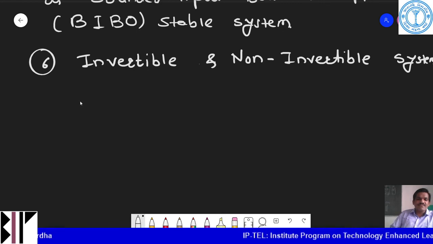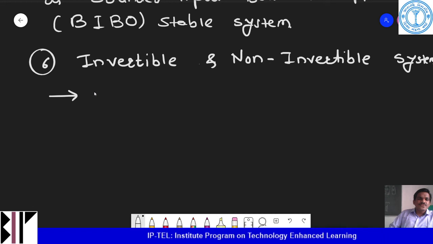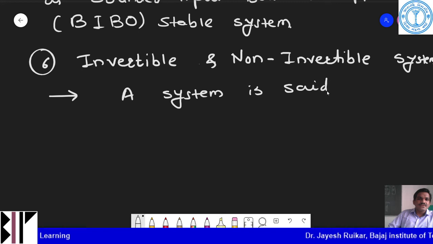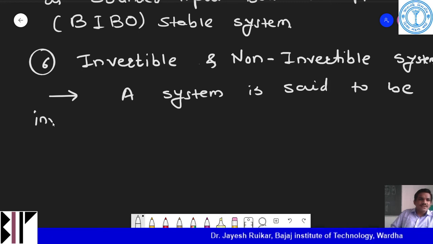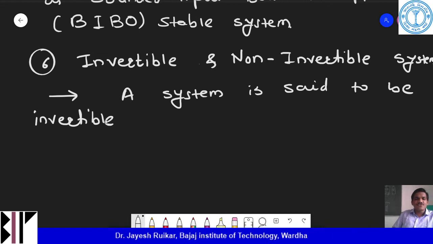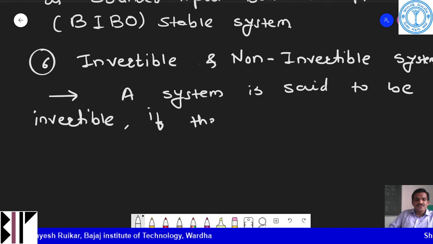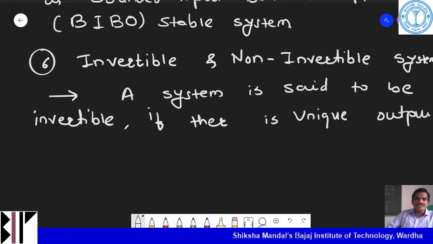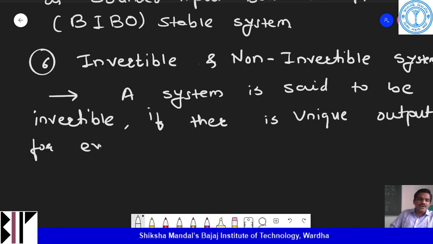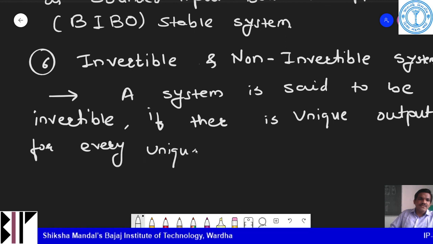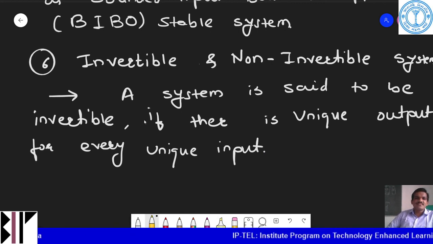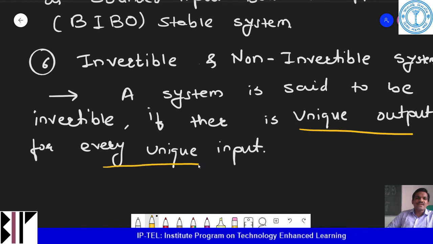So the definition of an invertible system: a system is said to be invertible if there is a unique output for every unique input.